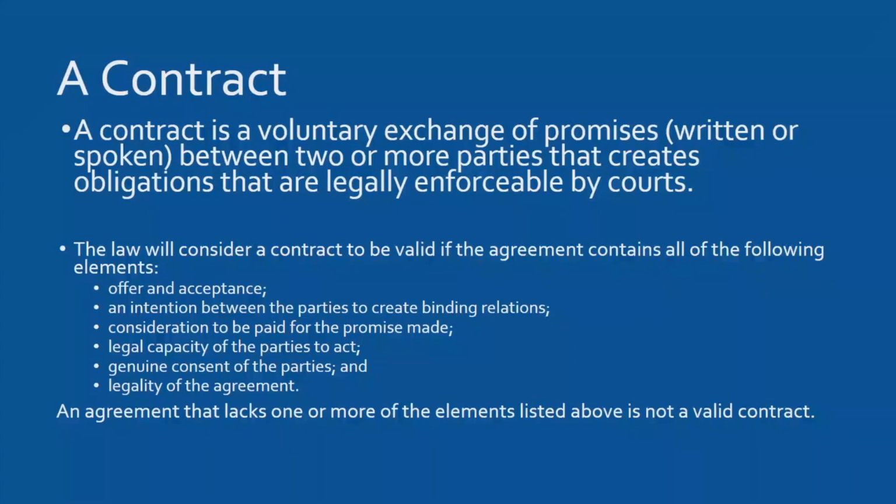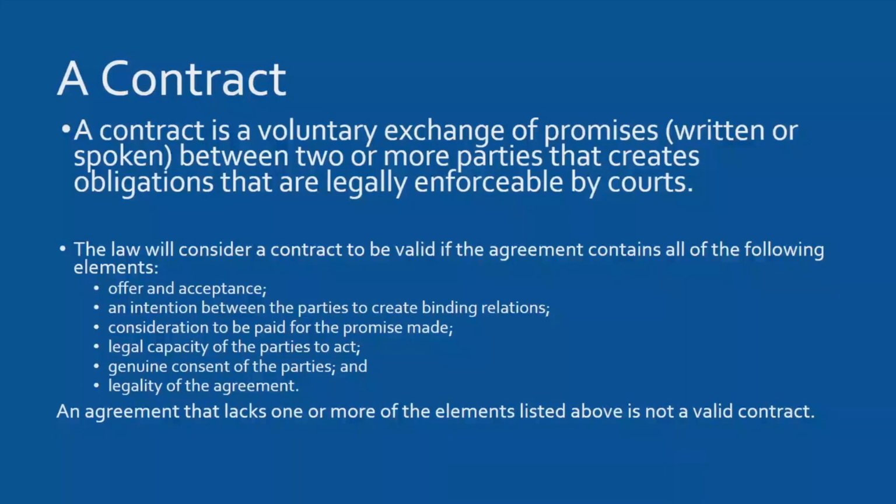So: the offer, acceptance, and intention between the parties to create binding relations, consideration to be paid for the promises made, legal capacity of the parties to act, genuine consent of the parties, and legality.